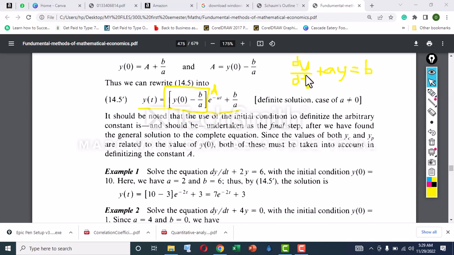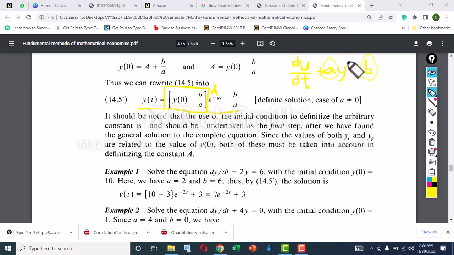That's the form of a differential equation: dy/dt plus ay equals b. Now this a and this b, most of the time they are constant numbers, like 1, 2, 3, 4, 5. So in your question you'll be given something like this.